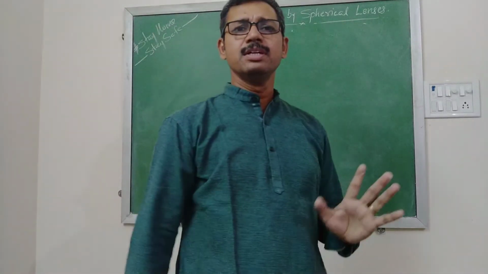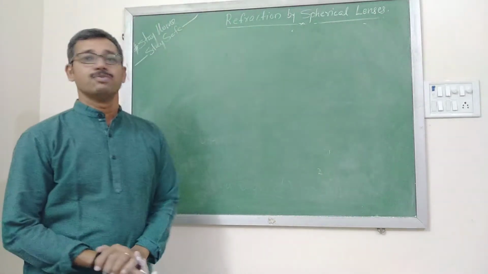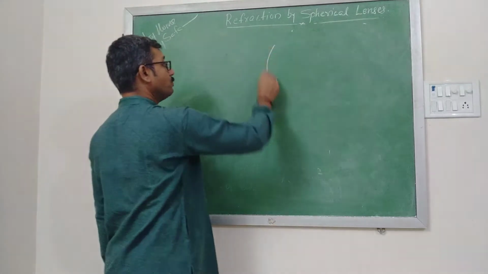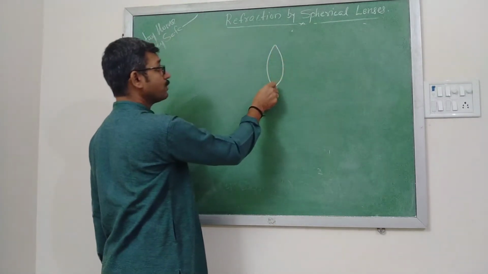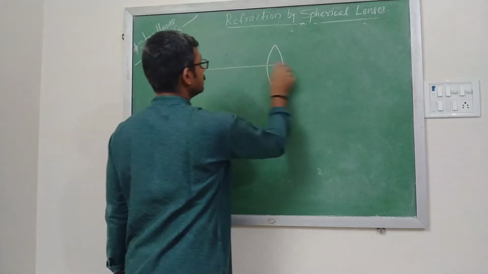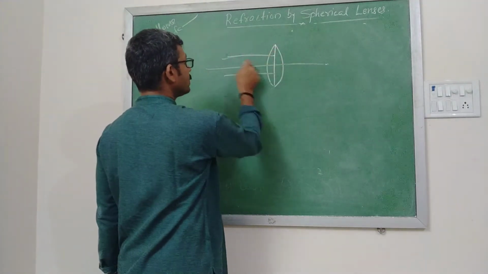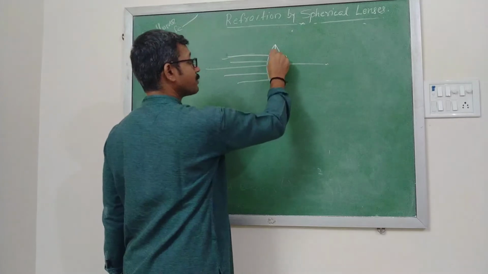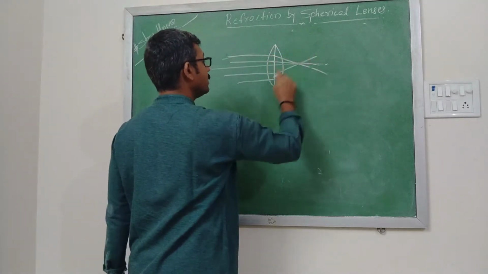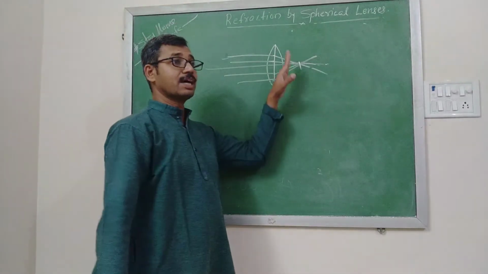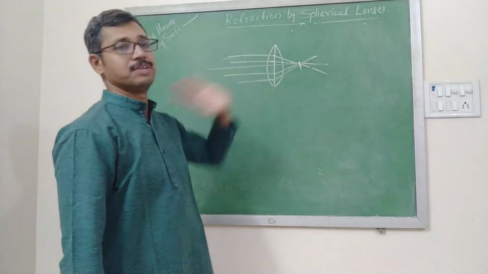Why is it called the convergence lens? Take care. The rays of light which fall on the lens, after refraction, converge at one point on the principal axis. That's why it is called a convergence lens.